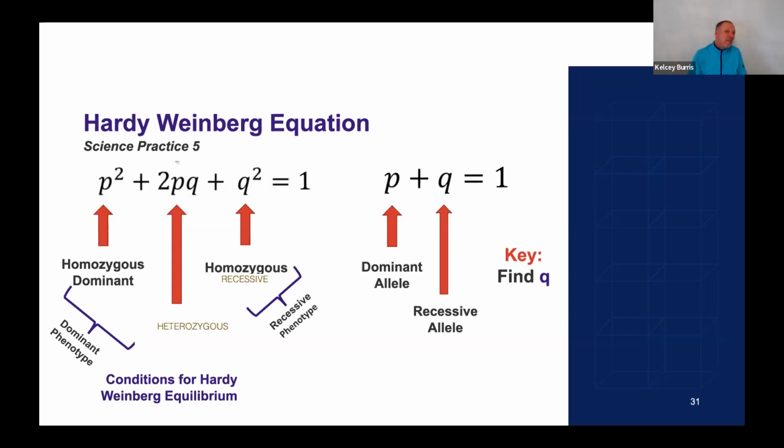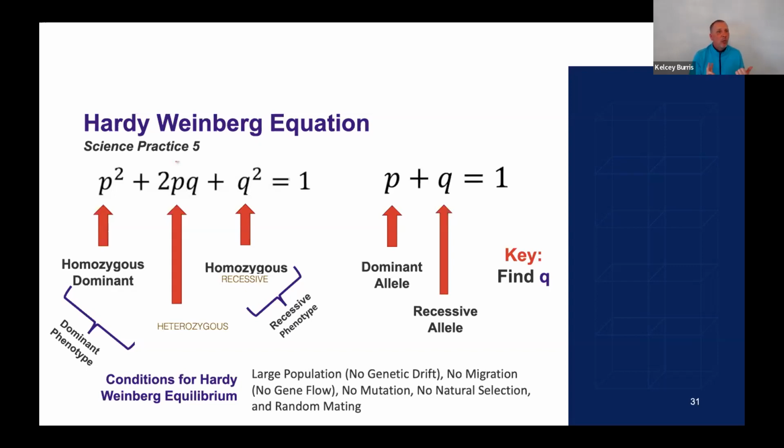And there's 5 of them, and all 5 of these things have to be taking place at the same time in order for a population to not be evolving. And what they are is, one, large population, which means no genetic drift, no migration, which is no gene flow, no mutations, no natural selection, and then random mating. If any one of those things is taking place, then the population is most likely evolving.